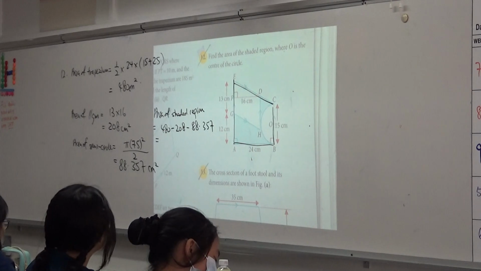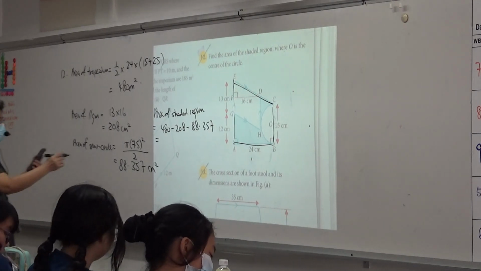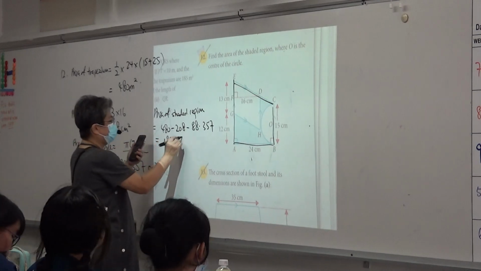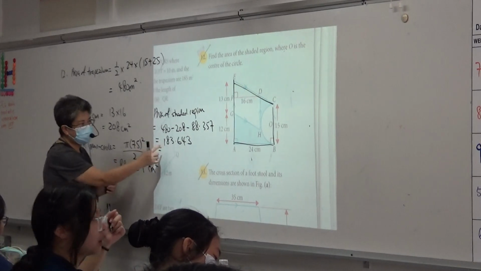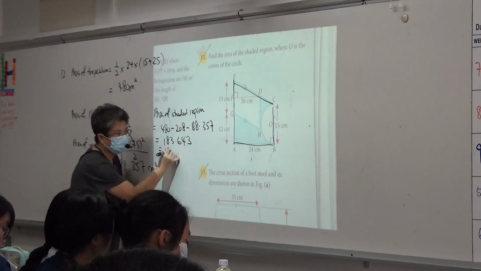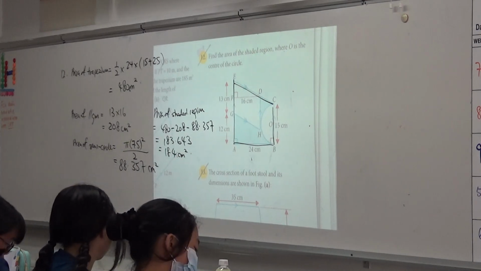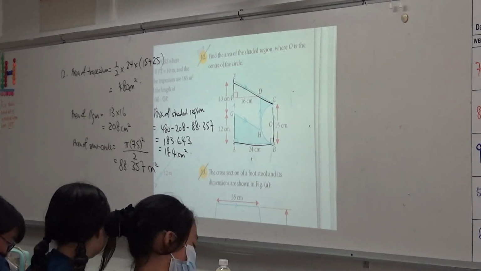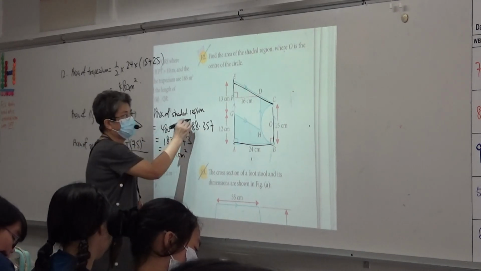Okay. 183.643. But of course this is not an exact answer, alright? Because this one is not exact. So 3 significant figures, 184, right? Is this correct?